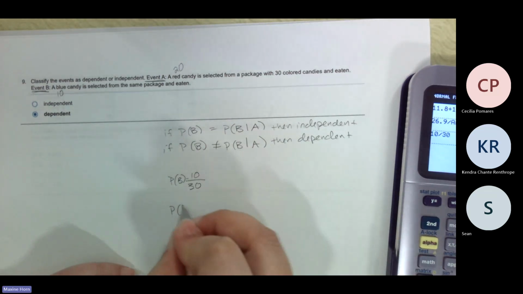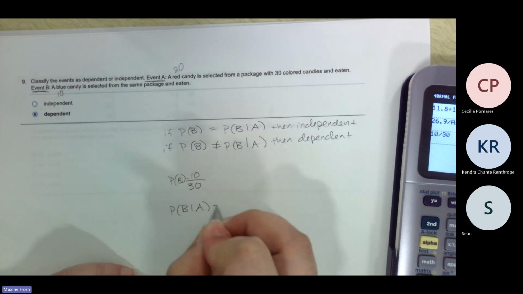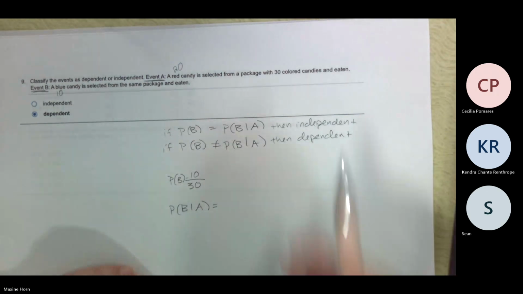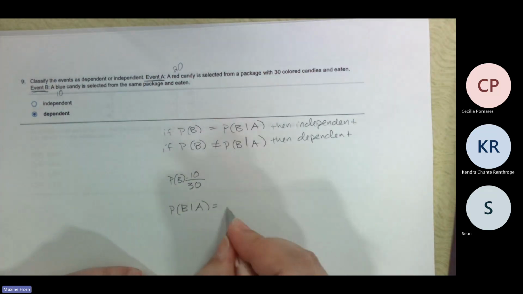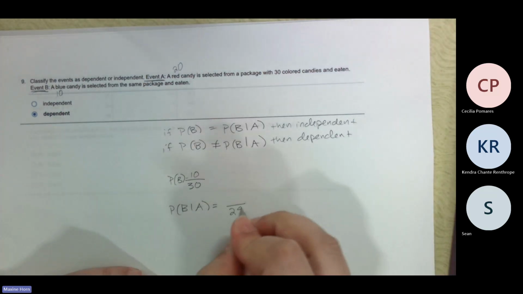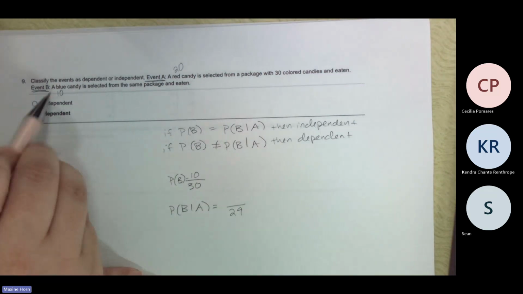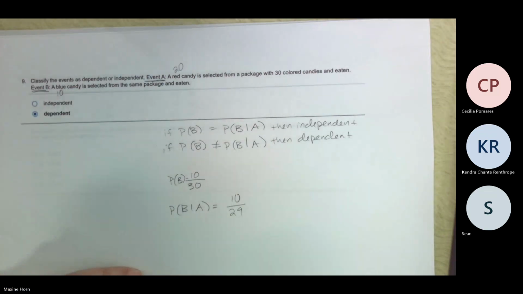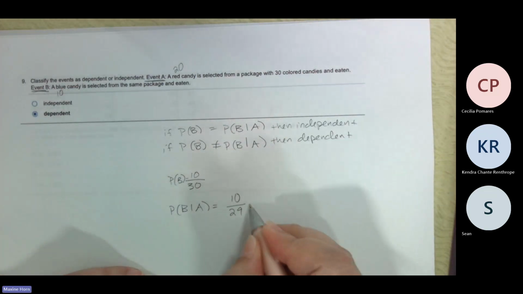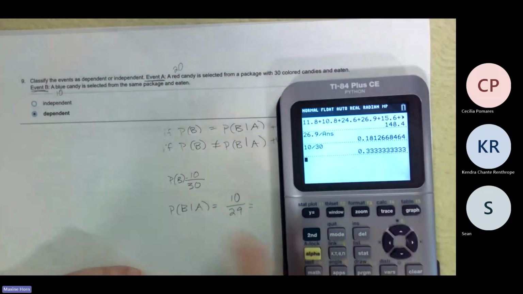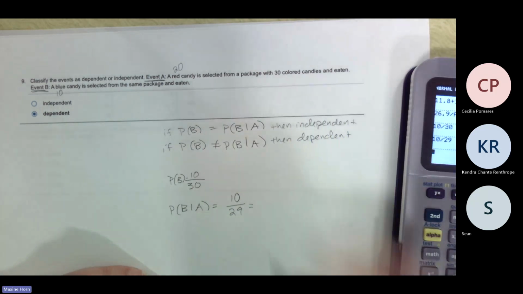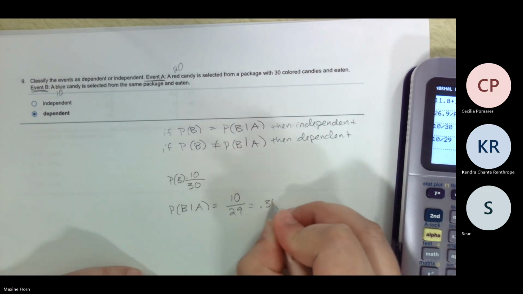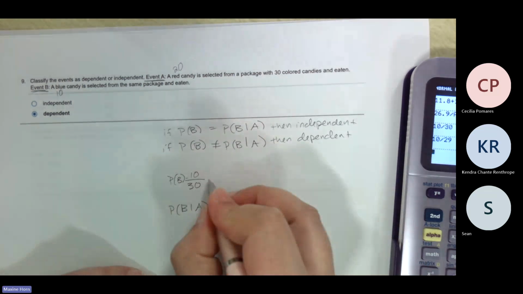But the probability of B given A, if I pull a red candy, instead of having 30 candies to choose from, I only have 29 to choose from. Now, 10 of them are blue, but I am now at 10 out of 29, which I could do the math and plug it in, but we can see that these are different fractions. It's 0.345 approximately.